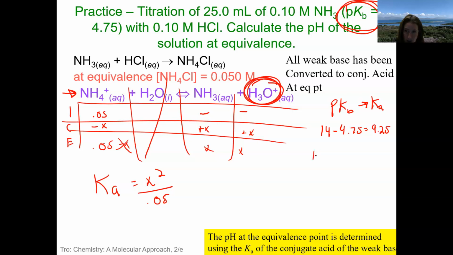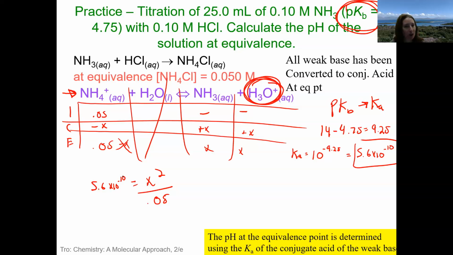So to get rid of that, we just do 10 to the negative 9.25. That gives us our Ka, which is 5.6 times 10 to the negative 10th. I couldn't even start the problem until I got my Ka, and I had to change it. So my Ka is 5.6 times 10 to the negative 10th.